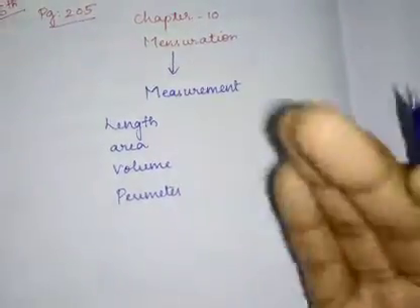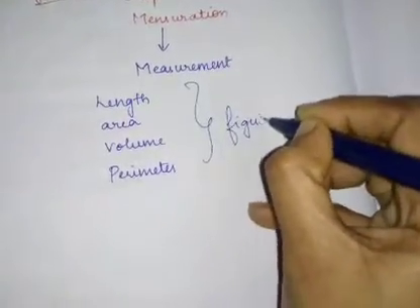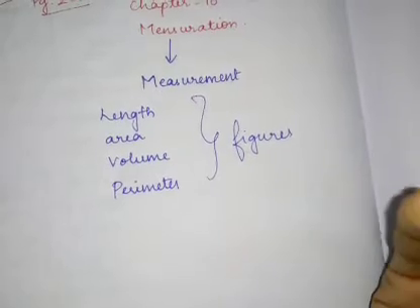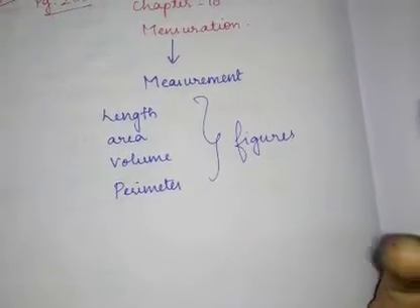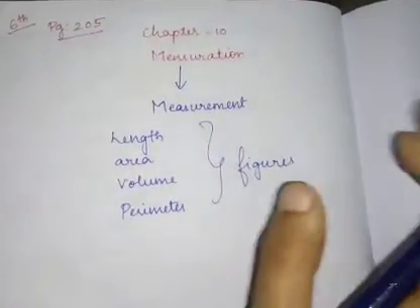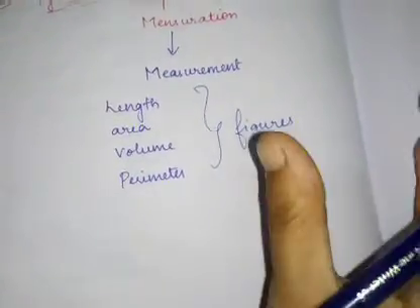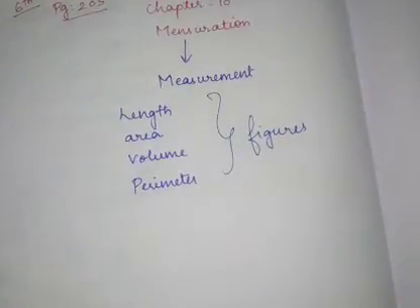Many figures will be there, like square, rectangle, triangle. We are going to measure certain things from those particular figures. That is nothing but mensuration. So it is actually the act of measuring. We are going to measure something from some geometrical figures.